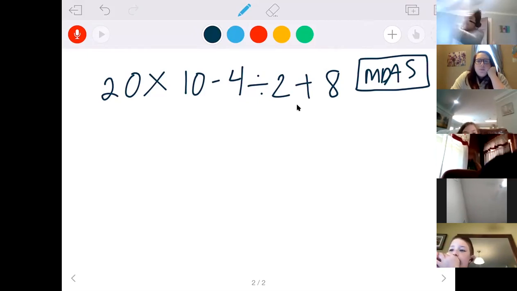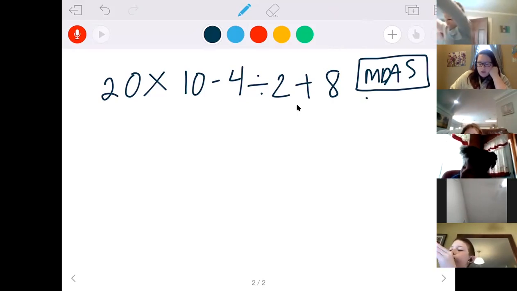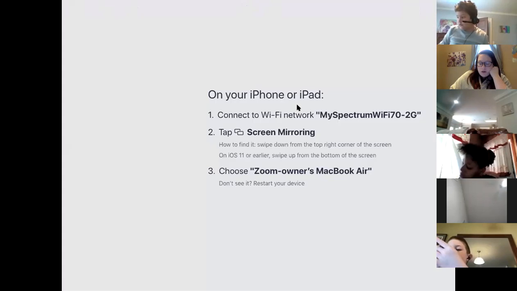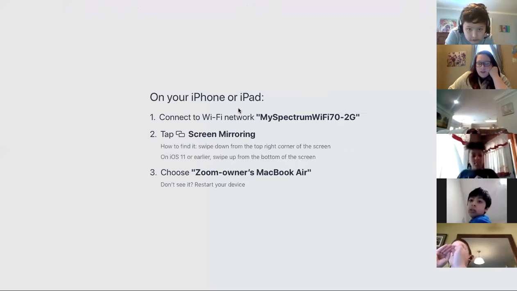I'm going to try to fix why it's not sharing on your screen. It seems like I only ever have this problem in the afternoon.